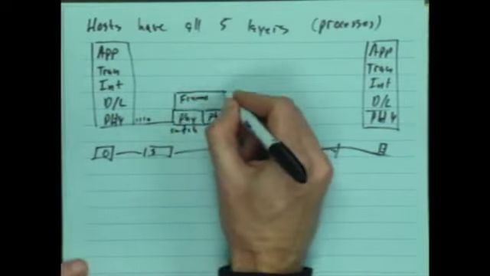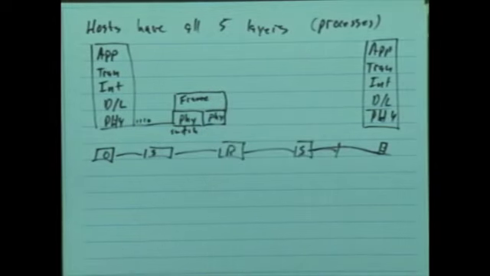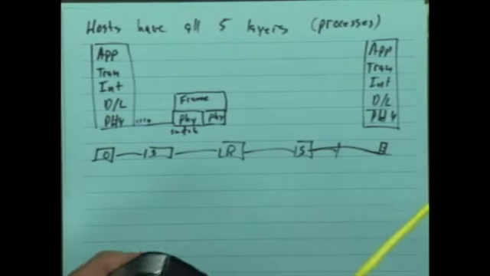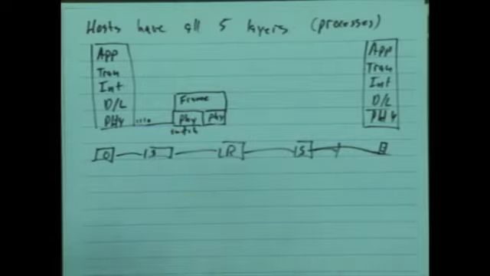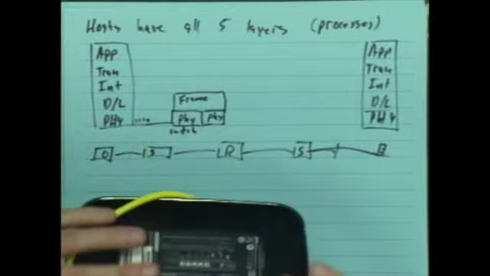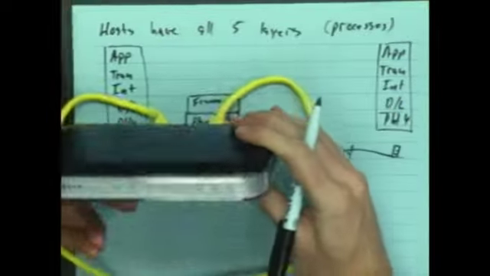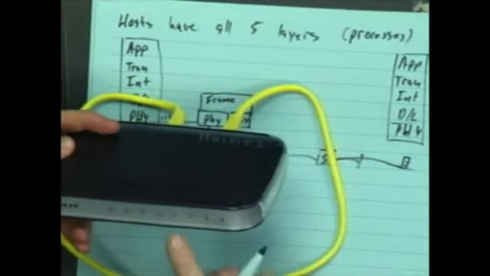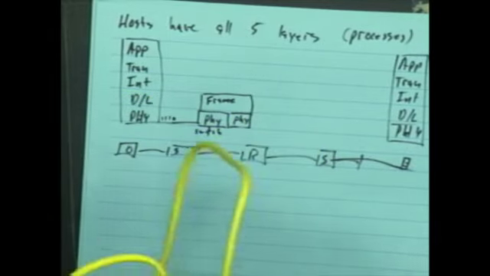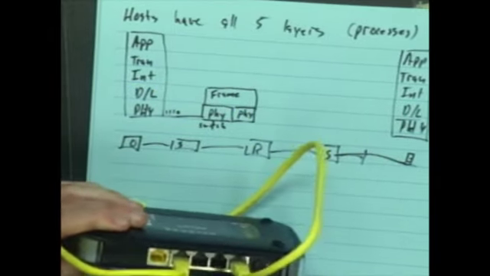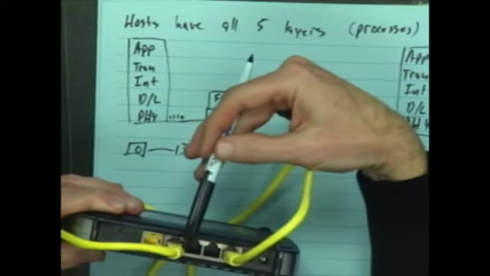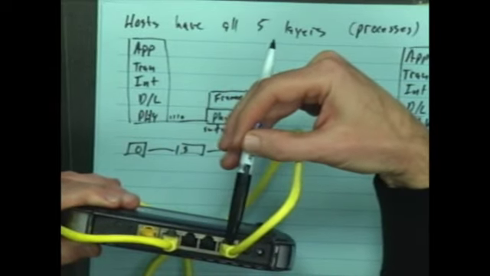So we'll draw this up here. I'll just plug the same thing into 2 things. So if we look at our little switch here, what are the numbers? The numbers are right here in the front. Can you see those numbers? 1, 2, 3, 4. So if I look at the back, this is port 1 right here, and this is port 4.